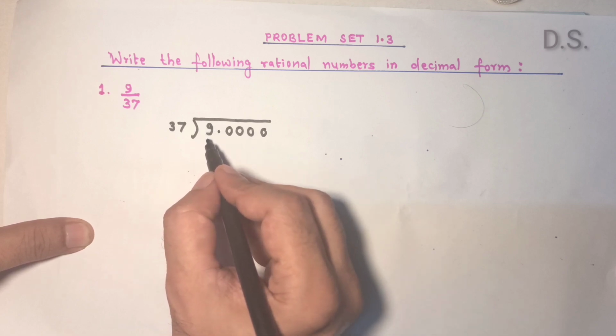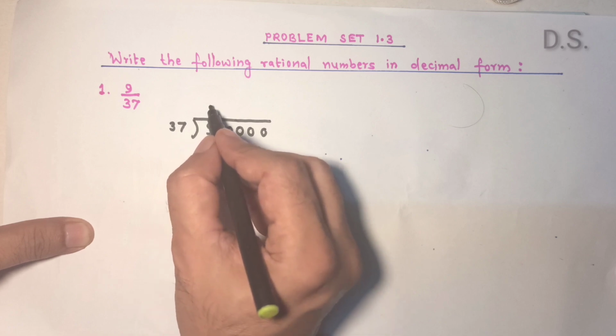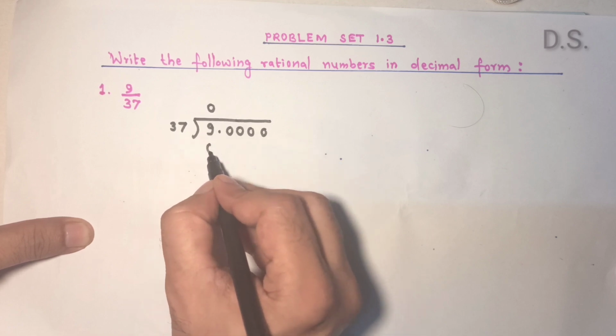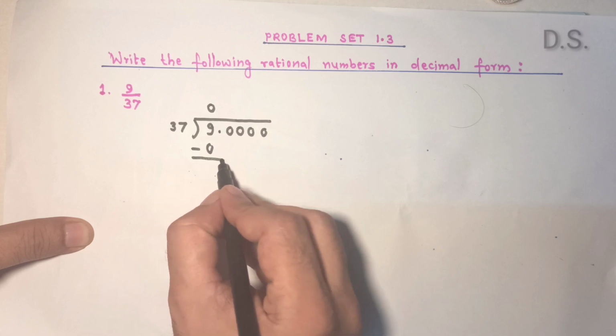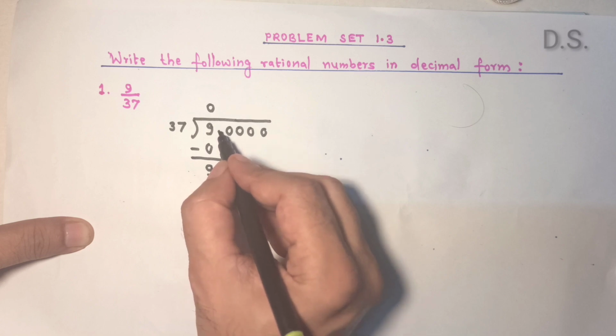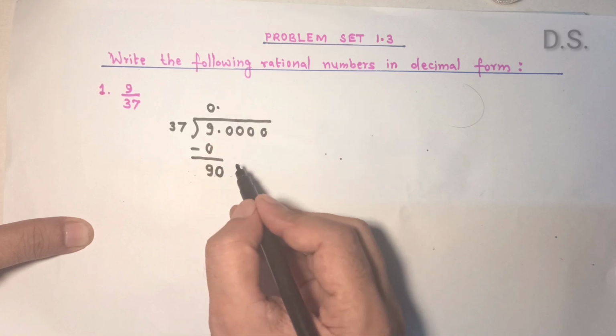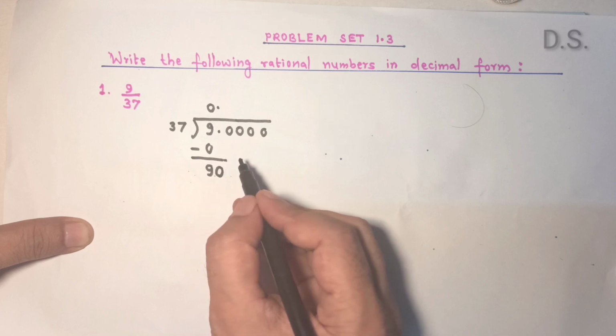Now, when we try to divide 9 by 37, it can't go. So we write 0 times, and that is 9. Now put the decimal here, and you can get a 0 here, so it becomes 90.